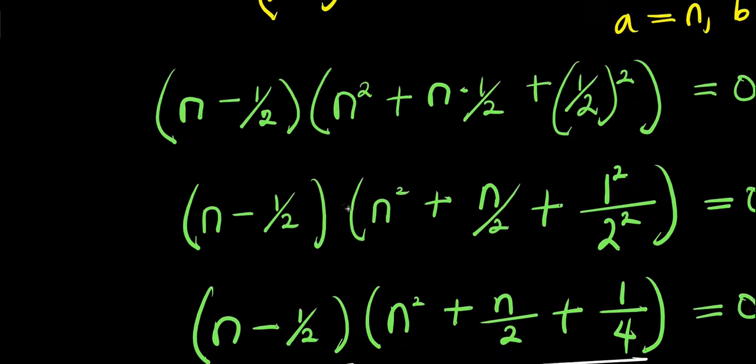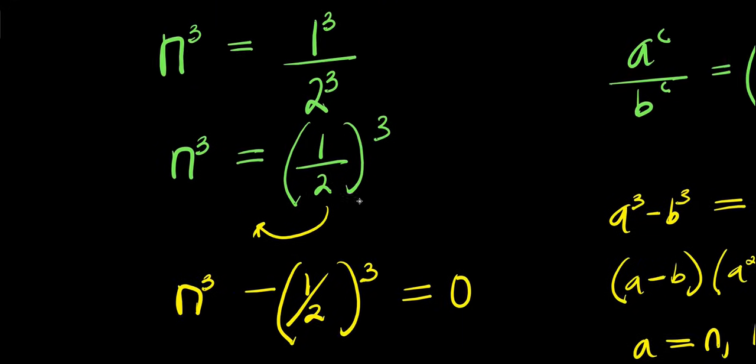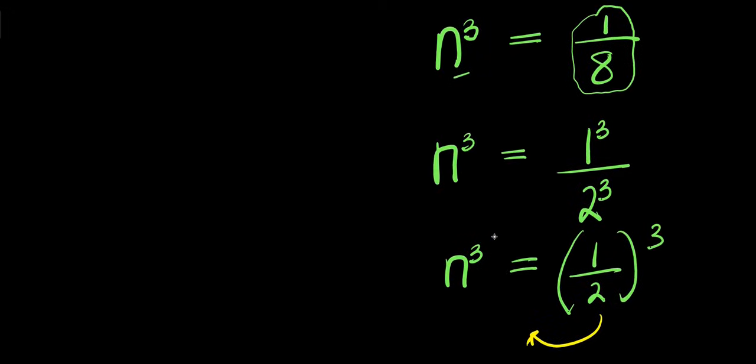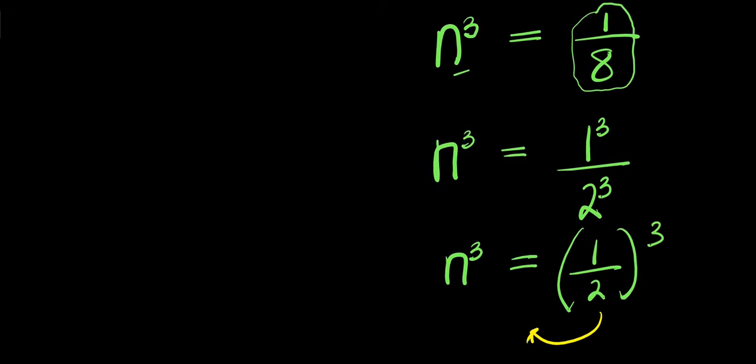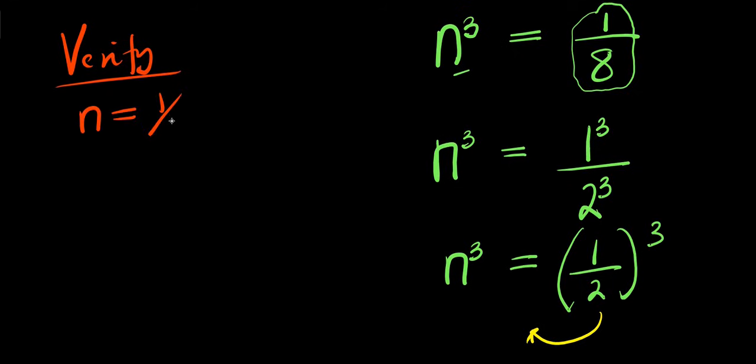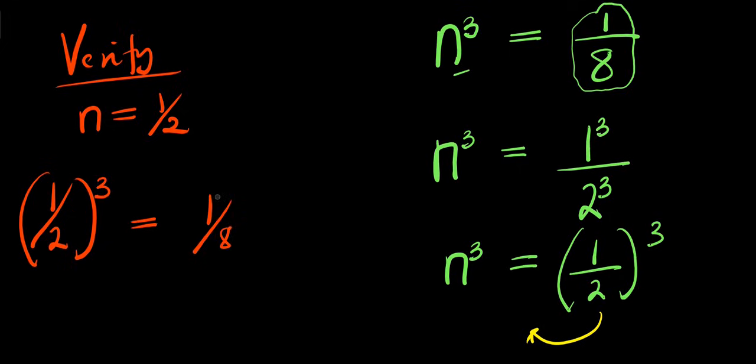So what we can do will be to check or verify. You have n equals 1/2. So that means I will simply have 1/2 to the power of 3 equals 1/8.